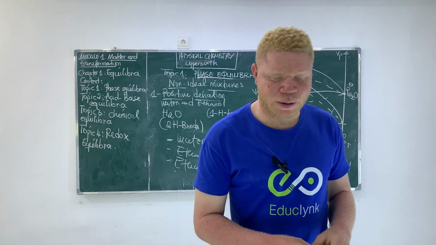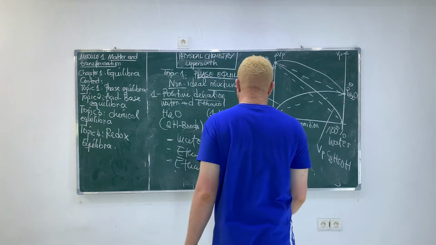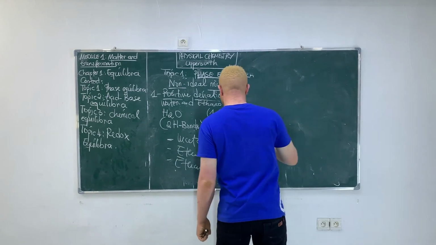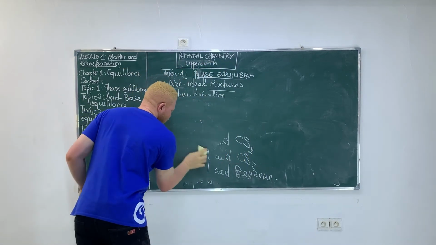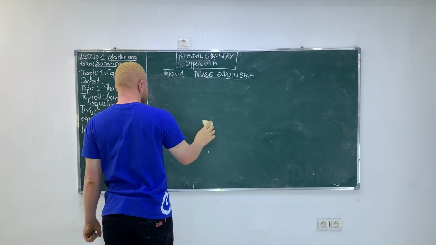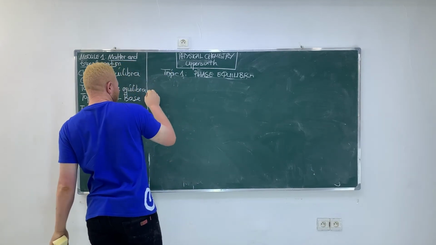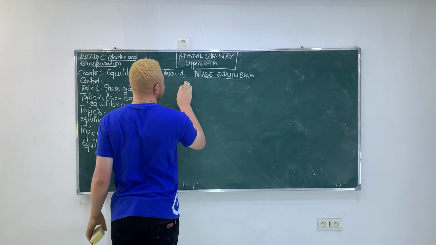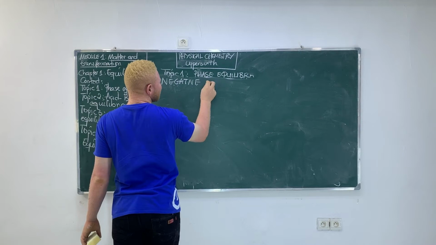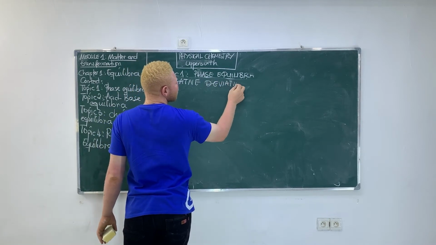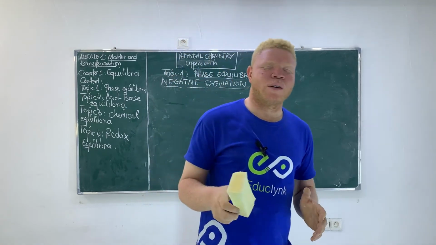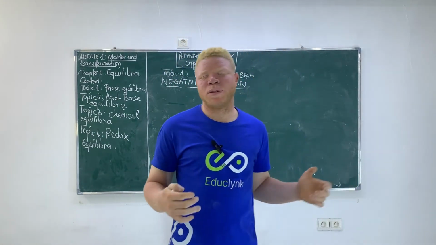So let's now go to negative deviation. For mixture to deviate negatively from Raoult's law, the vapor pressure should be lower than that predicted by Raoult's law.